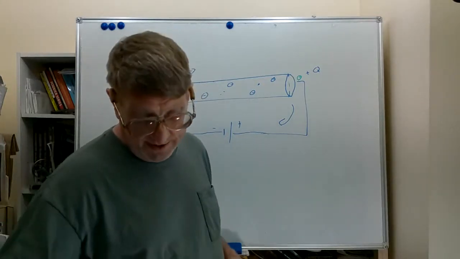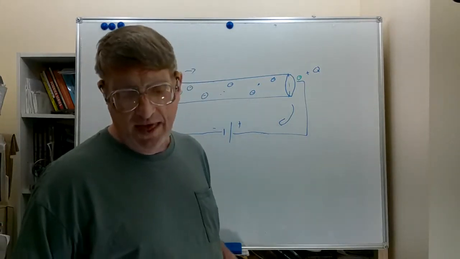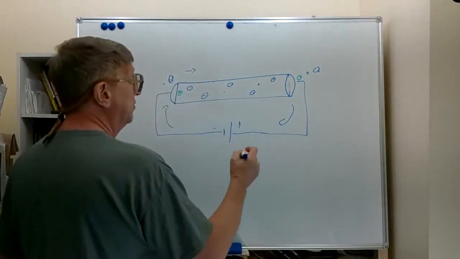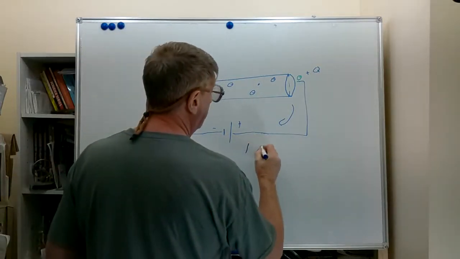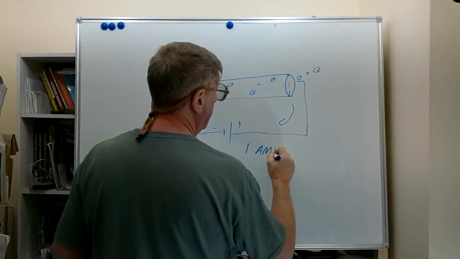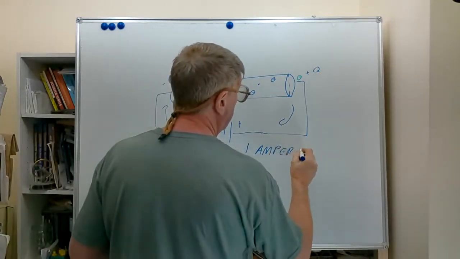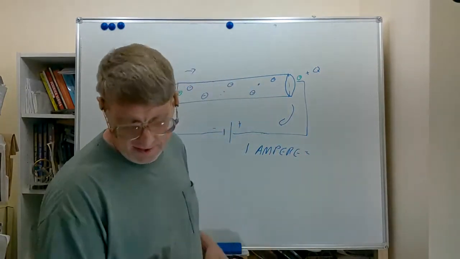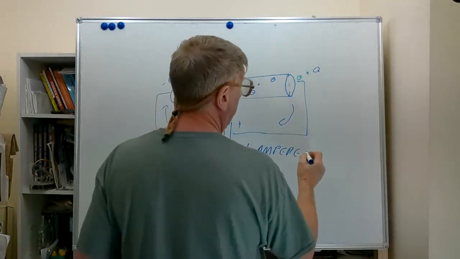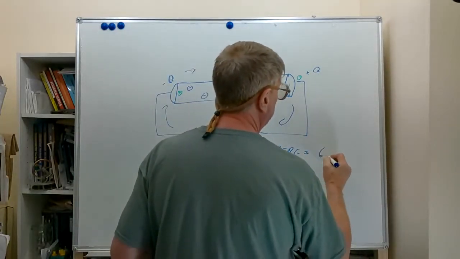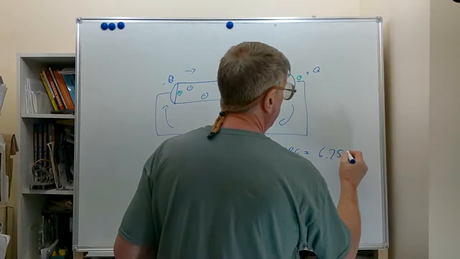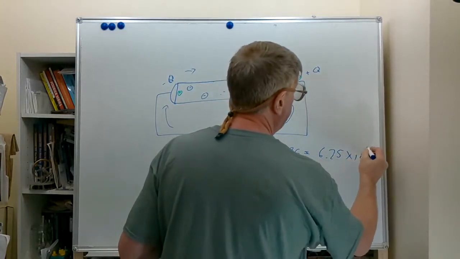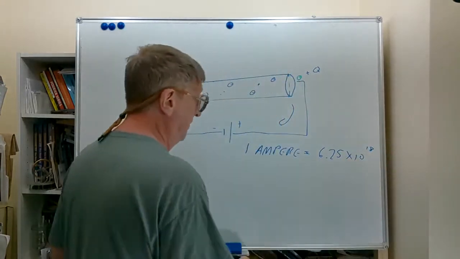Now, current, let's talk about what we call the ampere. 1 ampere of electron current equals 6.25 times 10 to the 18th electrons flowing past a point.